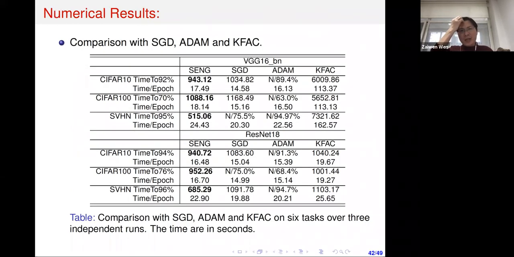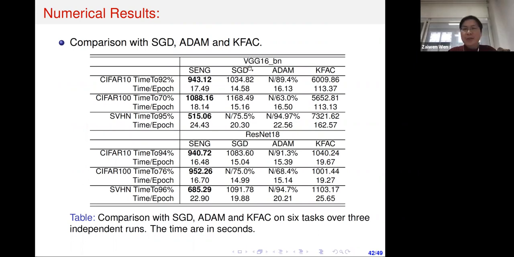So let me show you some simple numerical experiments on simple datasets, for example CIFAR-10, CIFAR-100, and SVHN on small neural networks. It's not small, actually. It has, for example, 10 million weights.